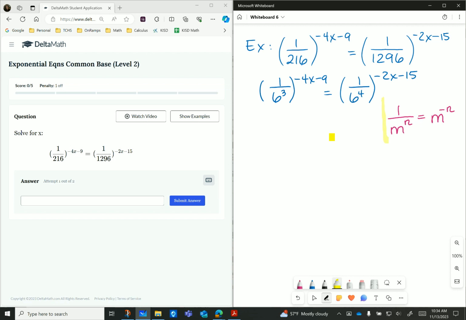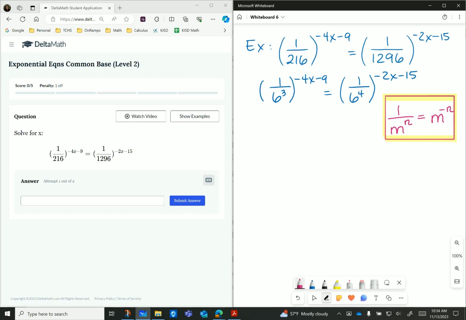So please do take a note of this property, okay? You will be learning a lot of different properties in this chapter, and here is one that's very useful to us in problems such as this.